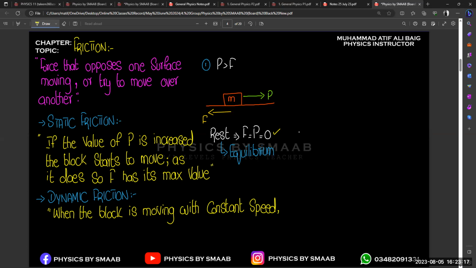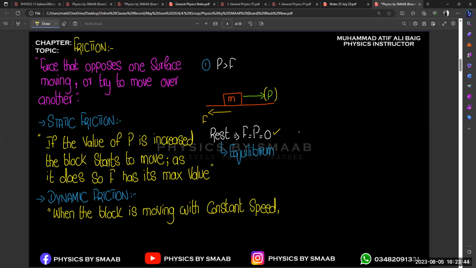Moving means that body is moving in the direction of P. So it means that your value of friction is slightly less as compared to the static friction, right? Because now body is moving in forward direction. So with respect to direction, definitely it means that your P is greater than the value of F, right?